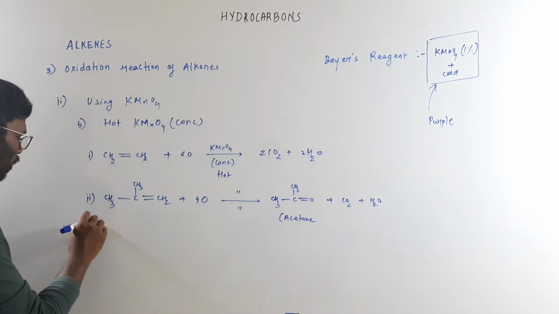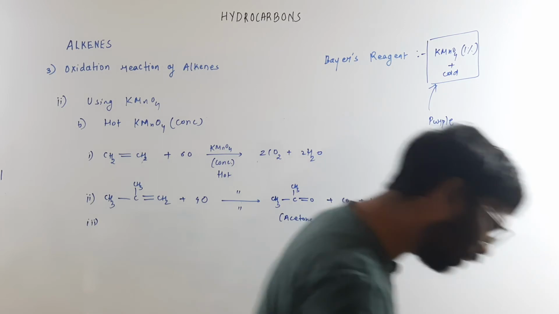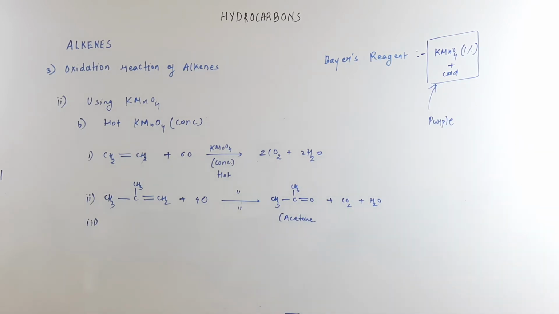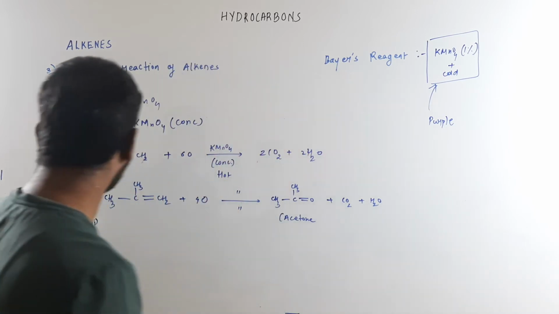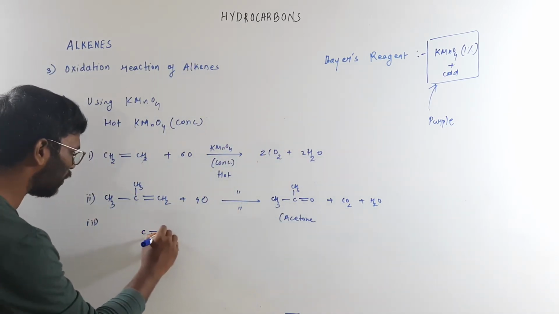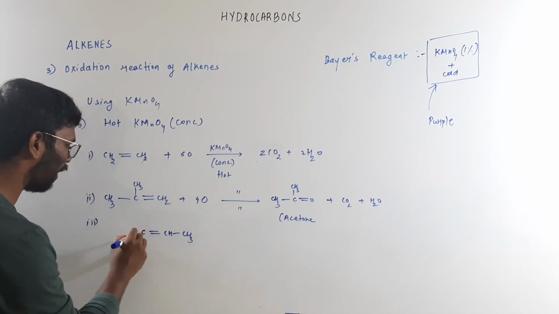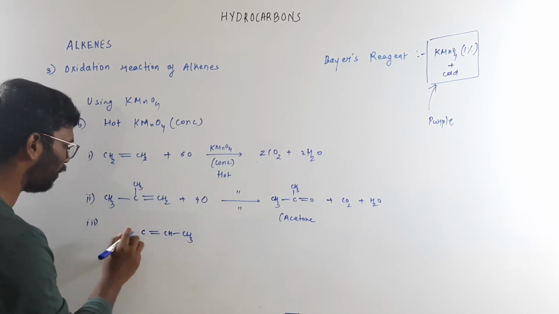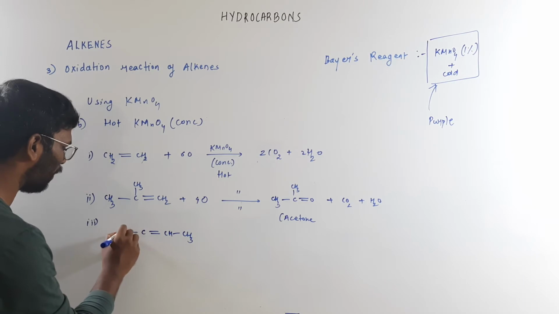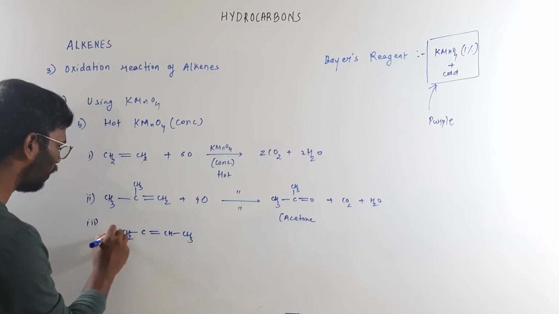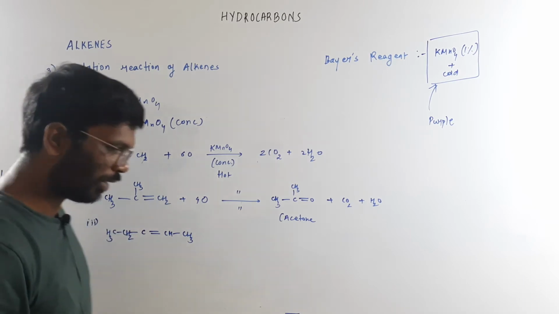Now, third condition is if the alkene is of the type in which it is alkylated on both sides. Both sides alkylated means here also I am taking this to be CH2 and this to be CH3.